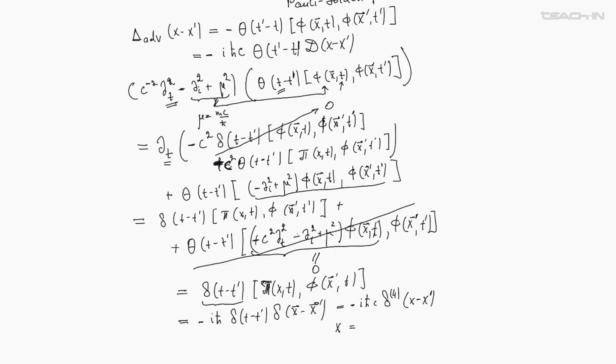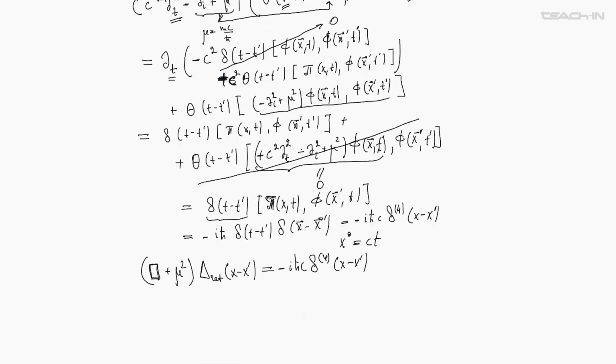Okay, so that shows that if I take the Klein-Gordon operator, let's write it as the massive box operator, box plus mu squared, and apply it to the retarded Green's function, x minus x prime, then the result is minus i h bar c delta 4 x minus x prime. So indeed, we see that delta ret x minus x prime is a Green's function for the Klein-Gordon operator.